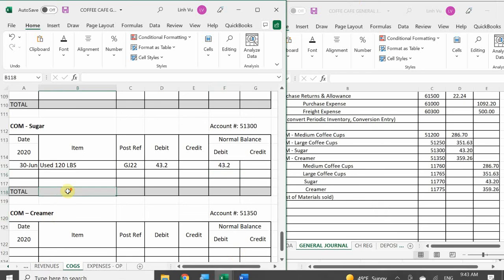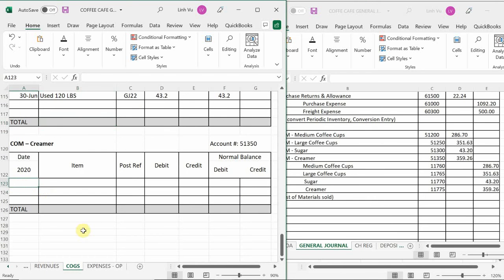And then how many cases of coffee creamer did we use? 22, which was a total of 359.26.